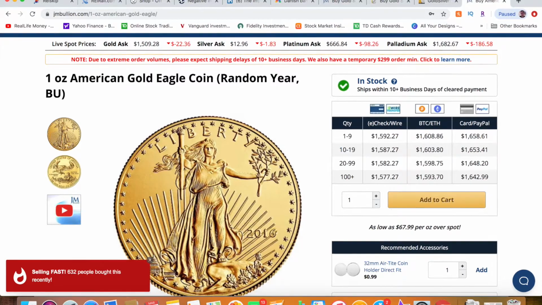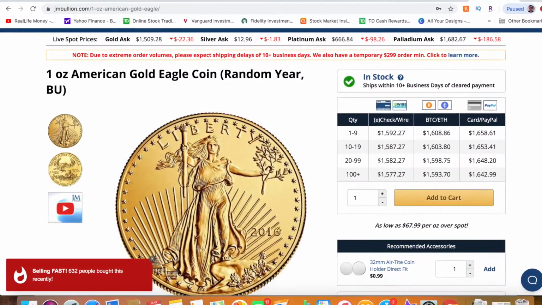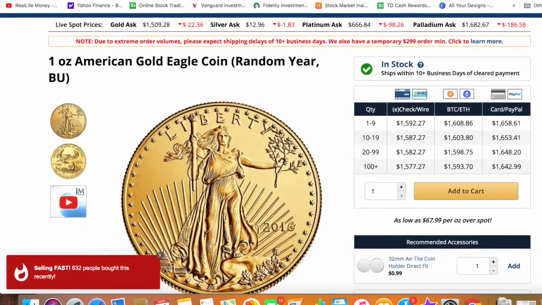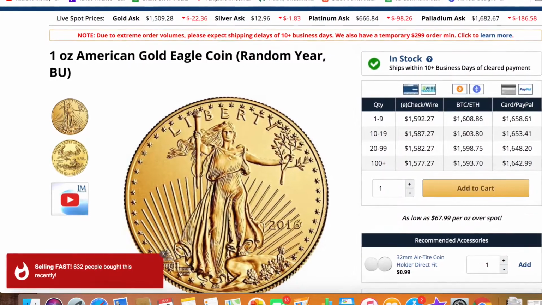And you could also see here, if you don't know much about gold and silver, I just want to give you an idea. You could see in the bottom right, it says as low as $67.99 per ounce over spot. What that is, it's a premium. So there's the price per ounce, and then usually on coins, there's a premium on top of that. For me personally, I've been buying for several months now, and when I first started buying, I saw the premium was originally $50.